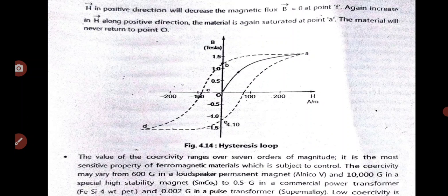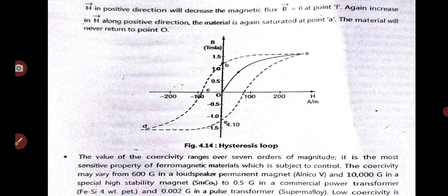That means once the material is magnetized and we remove the external magnetic field, the material still holds some magnetization, and that remaining magnetization is referred to as the retentivity.